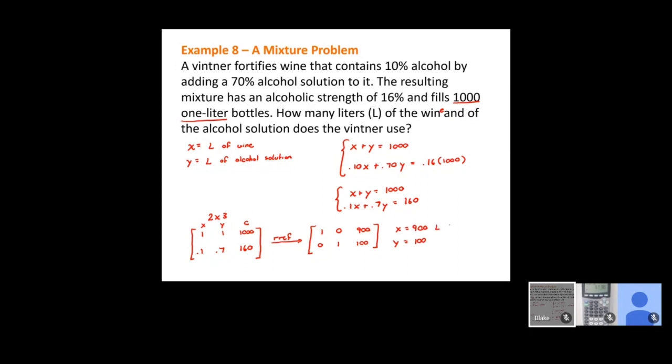And so this is 900 liters of wine and 100 liters of alcohol solution. Okay. And again, same solution you would get if you were to graph it or use substitution or elimination. So whatever method you want to use is perfectly fine.